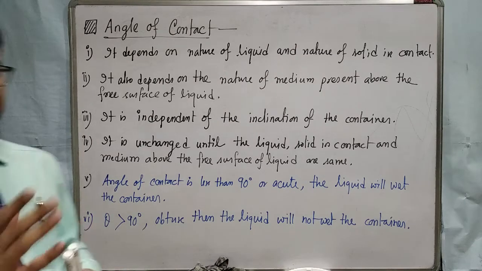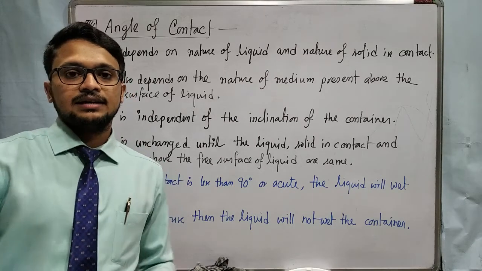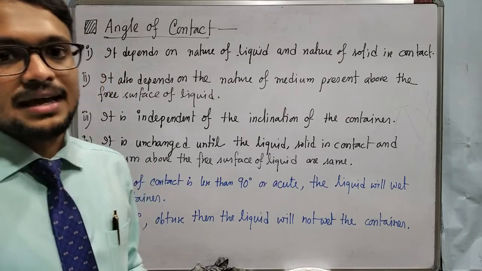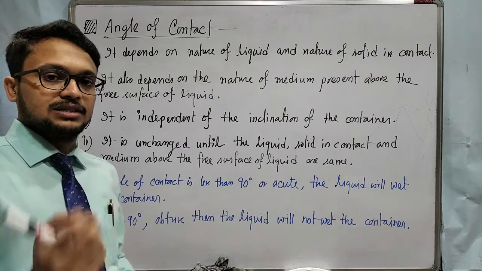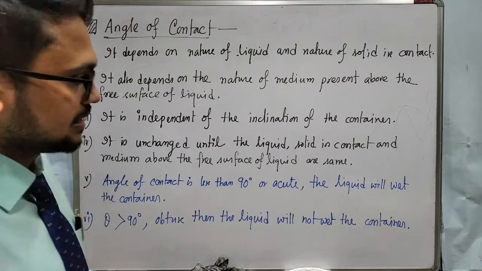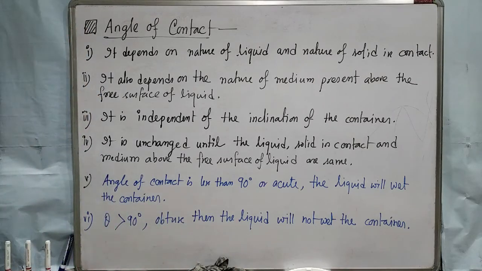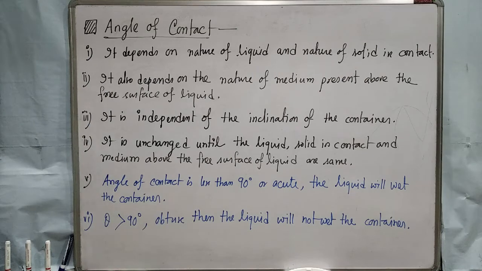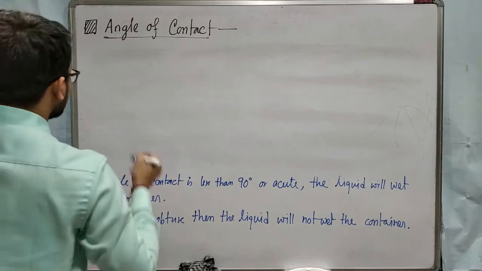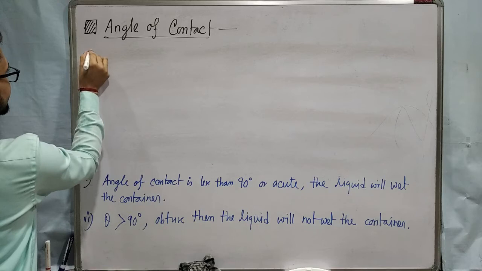Another 2 points are related to the change of angle of contact with temperature and with any other material dissolved in the liquid. Okay, if any soluble material is dissolved in the liquid, then what will happen? So another 2 points I am writing here. Clear? I am erasing these points. So point number 7.